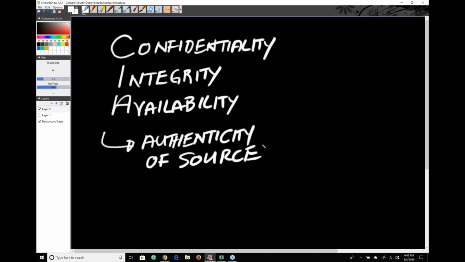Is it true? Are they lying? Are they impersonating? Are they spoofing? These are all terminologies related to the questions of authenticity. And when we say authenticity of source, whatever the information flow, that flow began at the source, and you're questioning if that source is authentic.